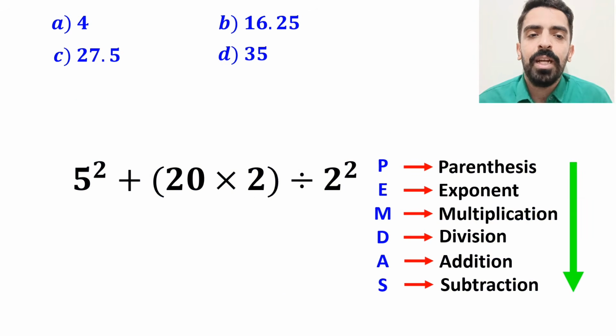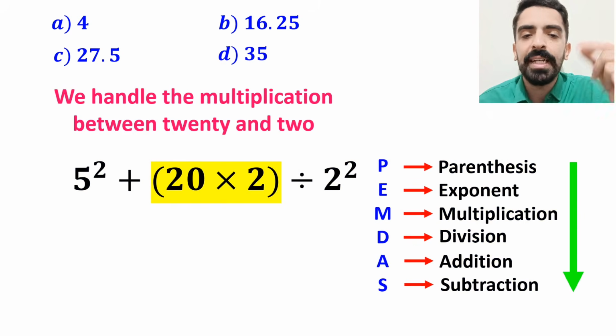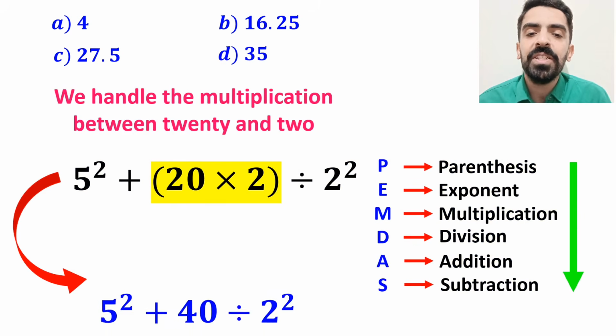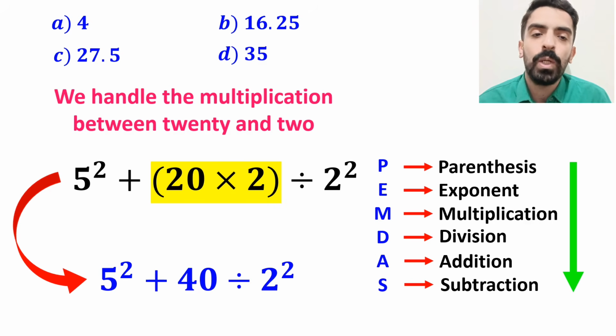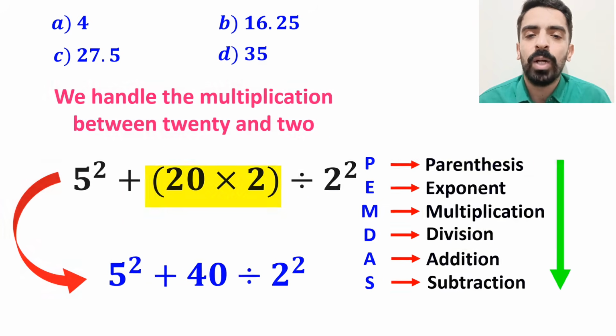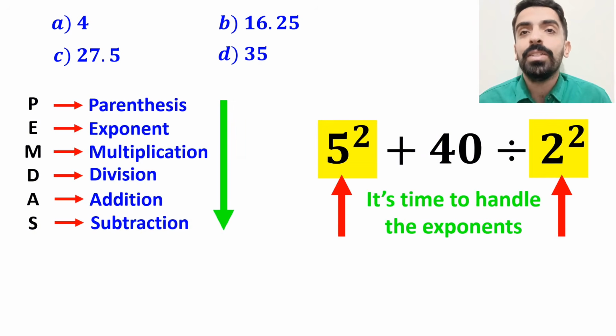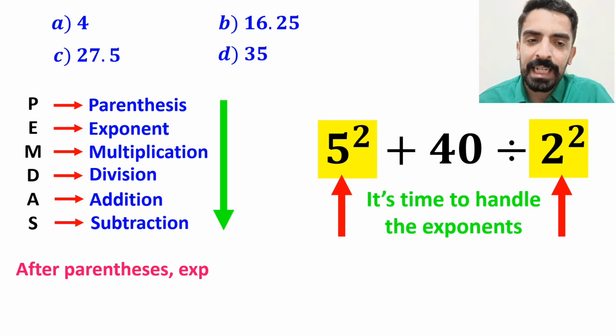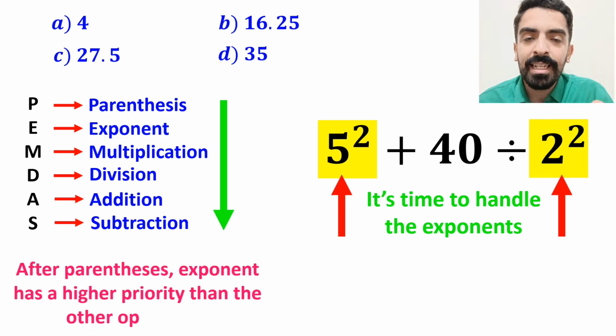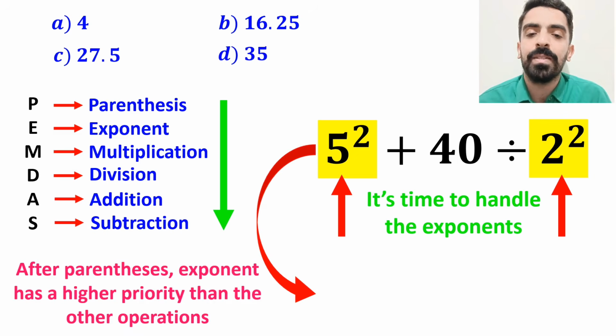And the next step, we handle the multiplication between 20 and 2, and this equation simplifies to 5 squared plus 40 divided by 2 squared. Next, it's time to handle the exponents, because according to the PEMDAS rule, after parentheses, exponent has a higher priority than the other operations.